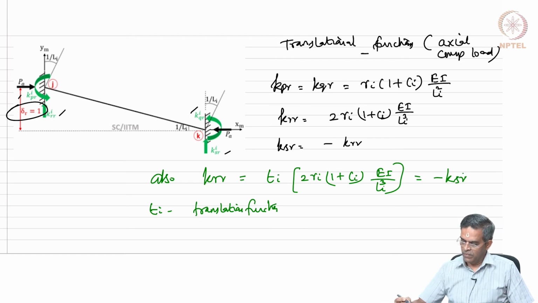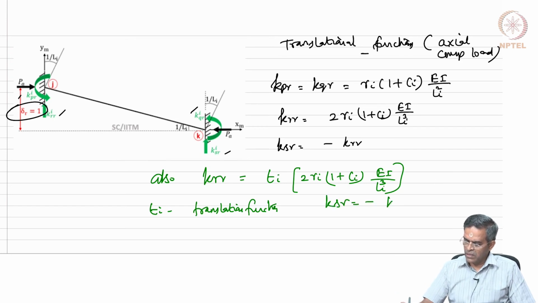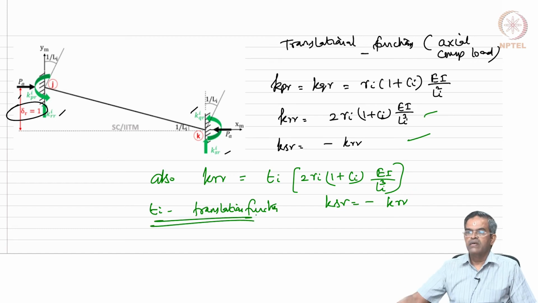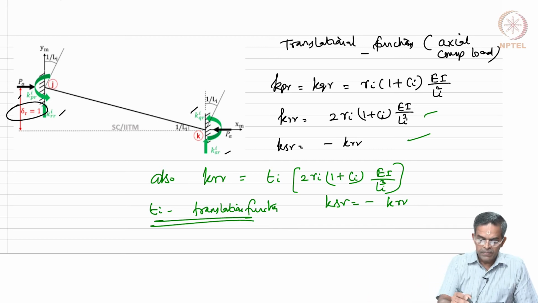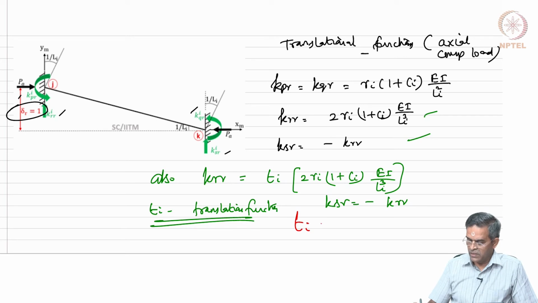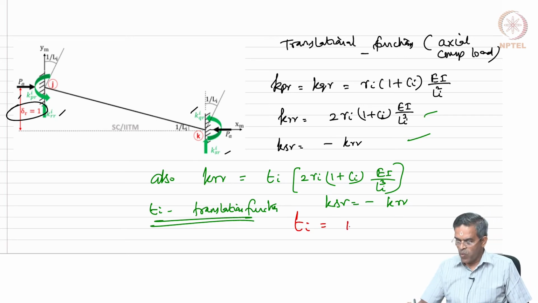Sorry, we should write this way. KSR is minus of KRR. We follow the same logic here, okay, where Ti is a translation function which was given by Ti is equal to 1 minus pi square phi I by 2 Ri 1 plus Ci.